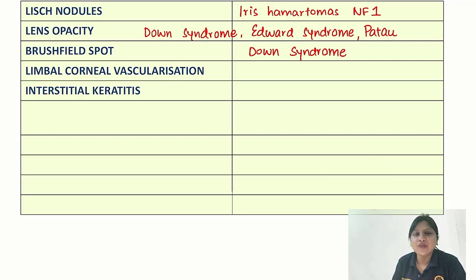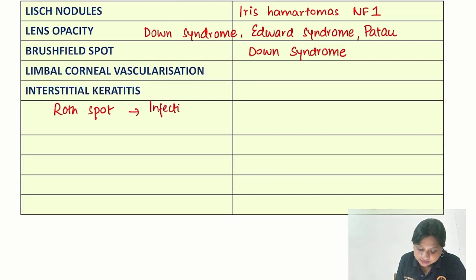Now, can you tell me where do you get the Roth spot? Roth spot in the retina is suggestive of infective endocarditis.